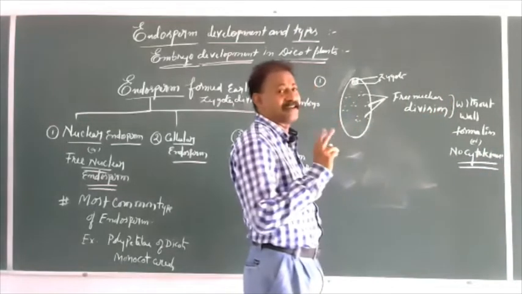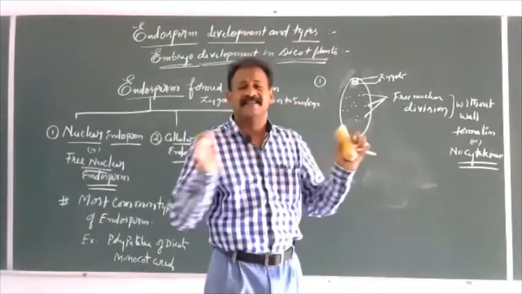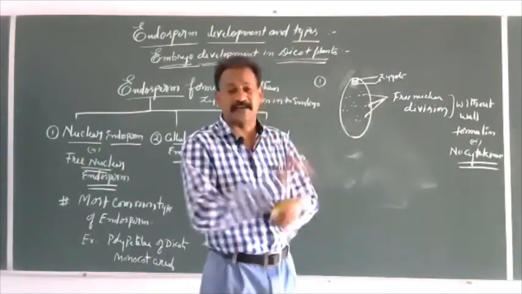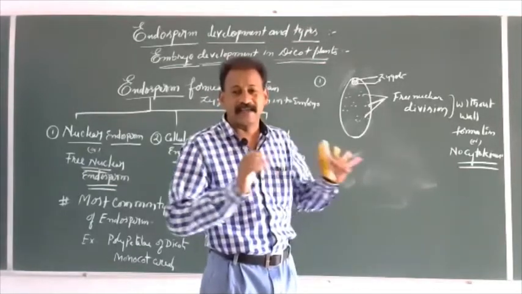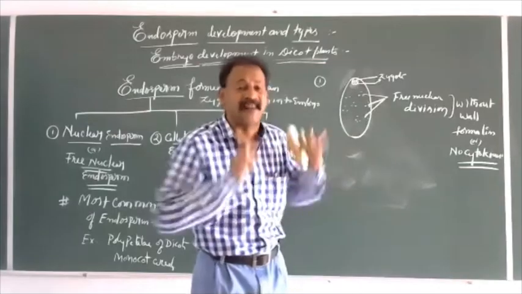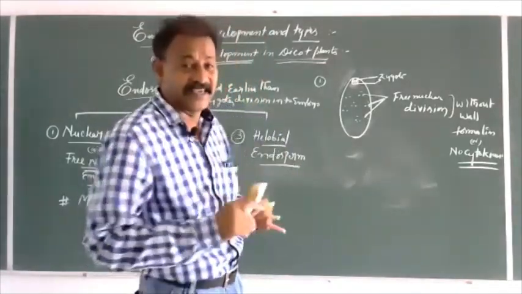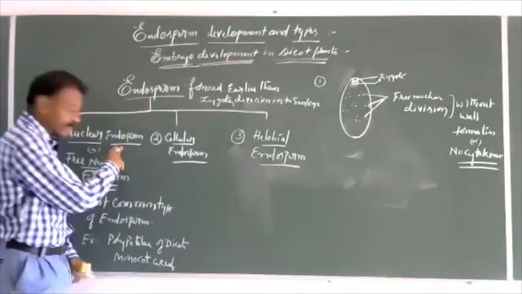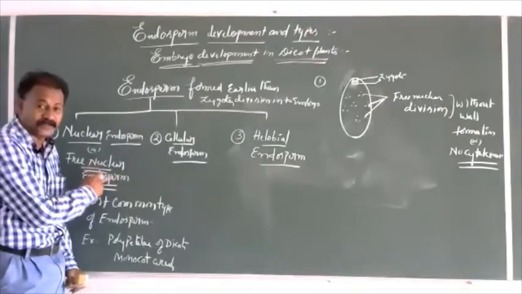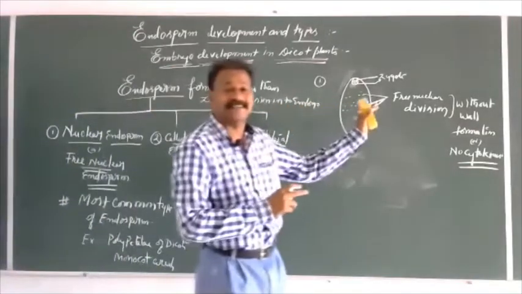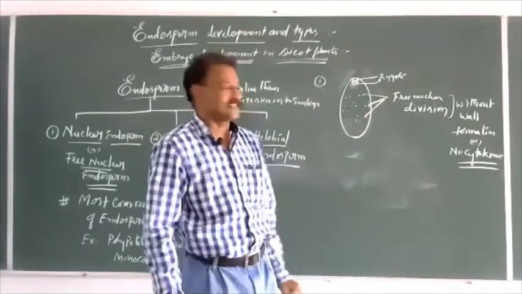So in cell division, nucleus division is karyokinesis. After that, cytoplasm division, cytokinesis. Every nucleus, when it divides into two nuclei, each and every one will be surrounded by a wall. This process is called wall formation or cytokinesis. But here, in the most common type of nuclear endosperm or free nuclear endosperm, only karyokinesis is found. Immediately cytokinesis is not seen.